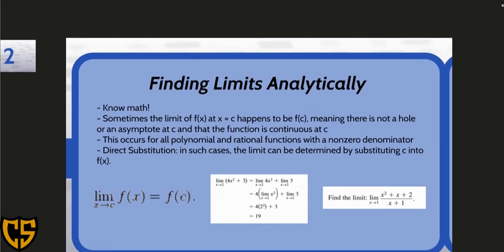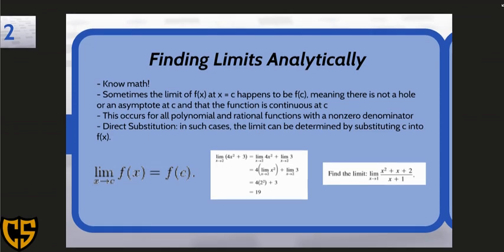Okay, another way of approaching the finding of limits is to find the limits analytically. What is needed here is your knowledge of mathematics, of algebra. Sometimes the limit of a function of x at a certain value of x happens to be just the substitution of that value.